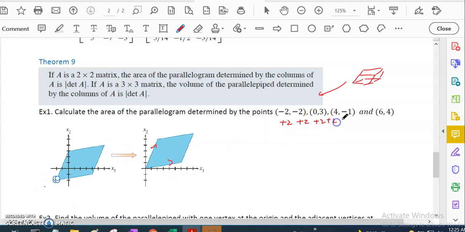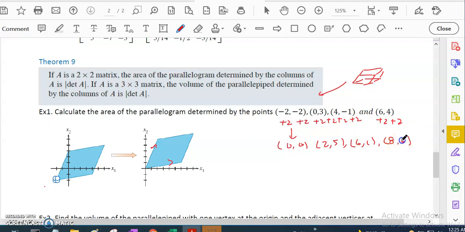You move the whole thing, every single one of them plus 2. So this becomes a vertex at 0 0, corresponding to the point O here. The second one would be 2 plus 2, 5. This would be plus 2 will be 6, and then 1. And the last one will be 8 and then 6.